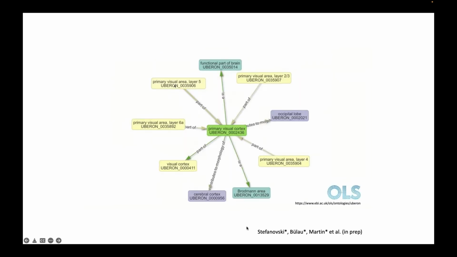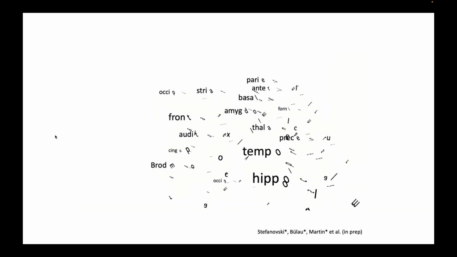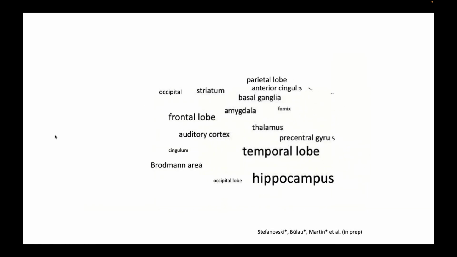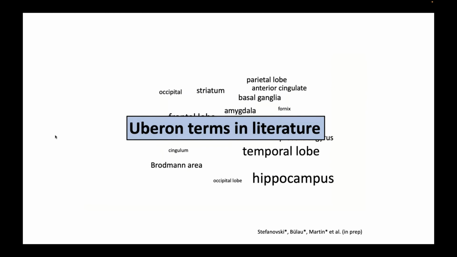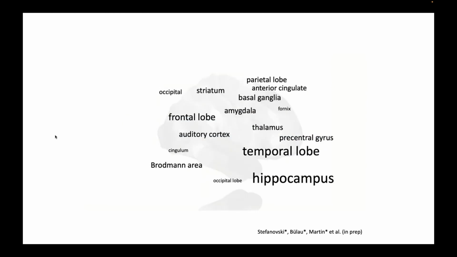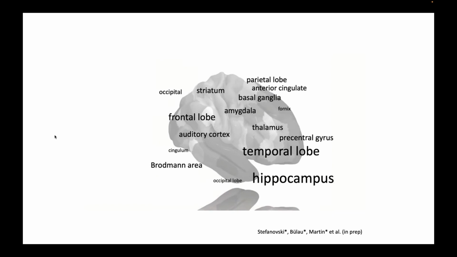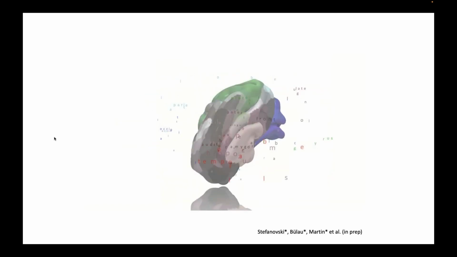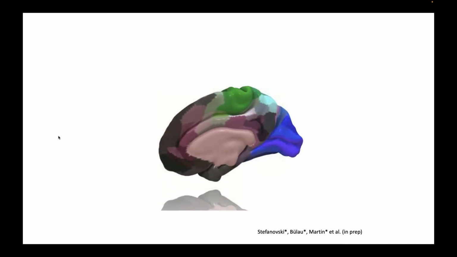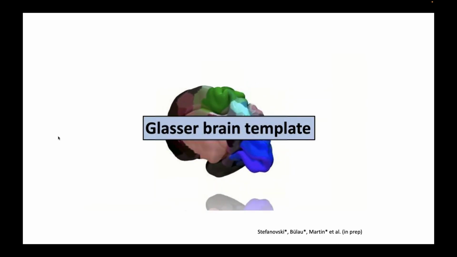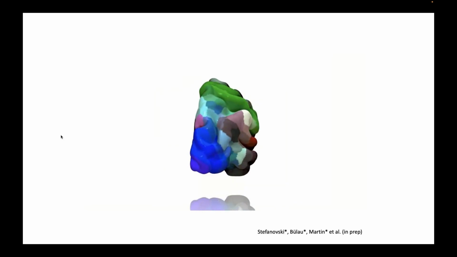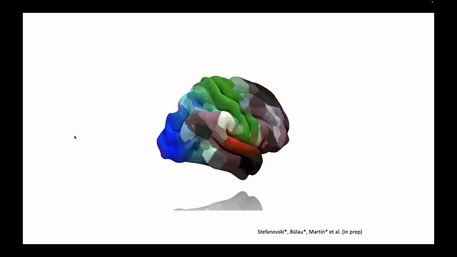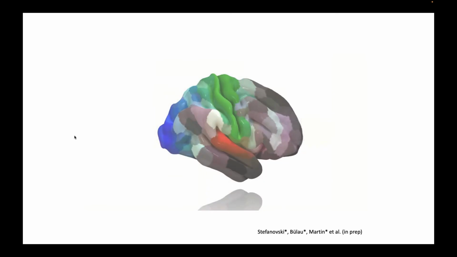And what we do then is that we mapped manually, in a very detailed process, about 1,000 of these anatomical terms to a standardized three-dimensional brain template. So we used the Glasser parcellation, which is a parcellation of the Human Connectome Project, and contains 180 regions per hemisphere, and with some subcortical areas, and assigned all of these terms to one or several of these parcels.